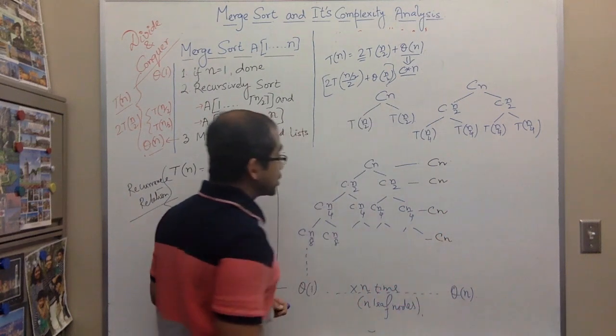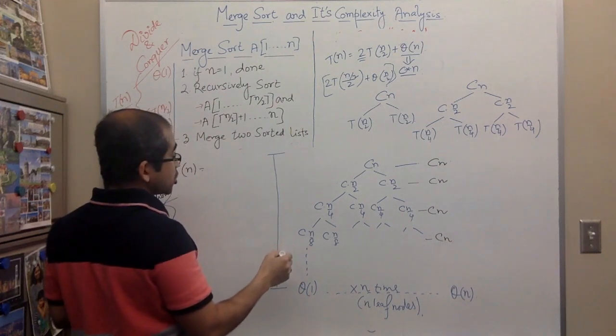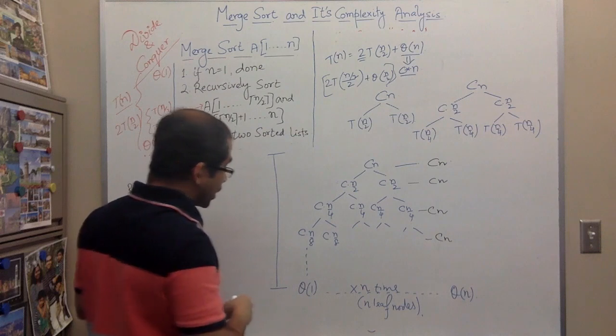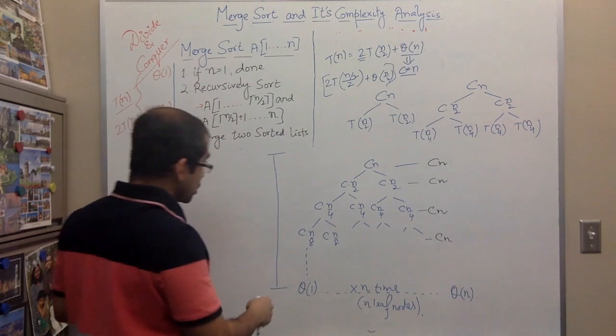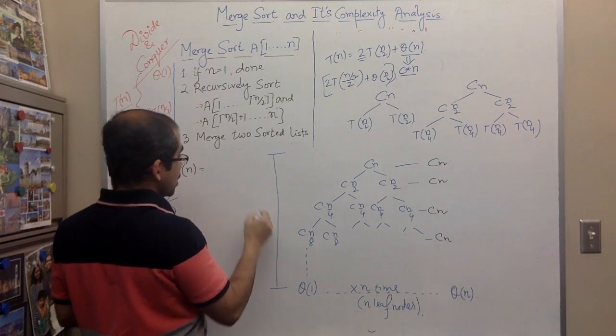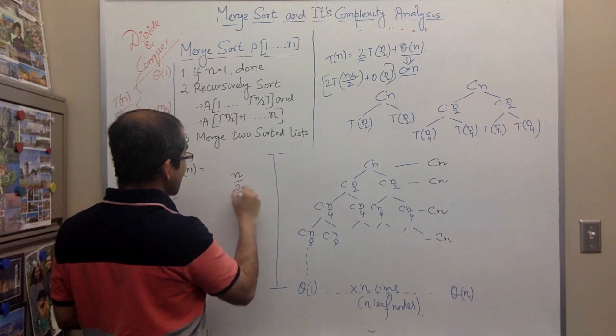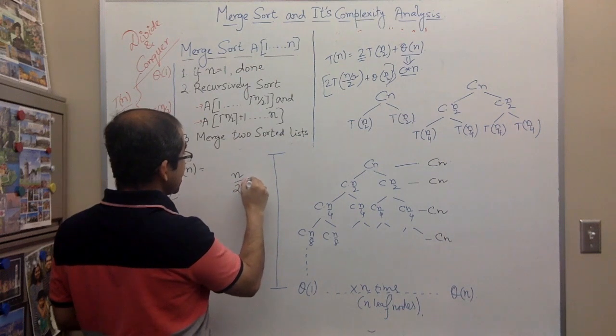So how many times will this Cn appear? Assume that at height h this becomes 1. Every time you divide at each level. Suppose this is at the ith level, n by 2 to the power i equal to 1.